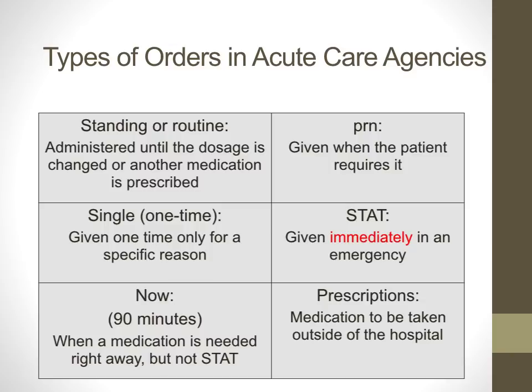So this is something that the patient would actually have to request. Your stat medications, these are medications that are given typically in emergencies, given absolutely right now, immediately. And of course, your prescriptions, those are medications that patients take outside of the hospital. They are required to get those filled at an outside pharmacy.